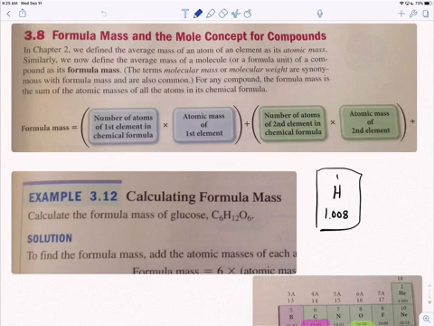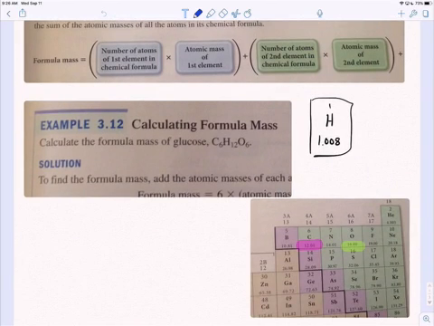What about stable groups of atoms, also known as molecules? How we figure out the formula mass for that: you have the number of atoms of the first element times the atomic mass of that element, plus the number of atoms of the second element times the atomic mass, and you sum them up. So let's do this for glucose.